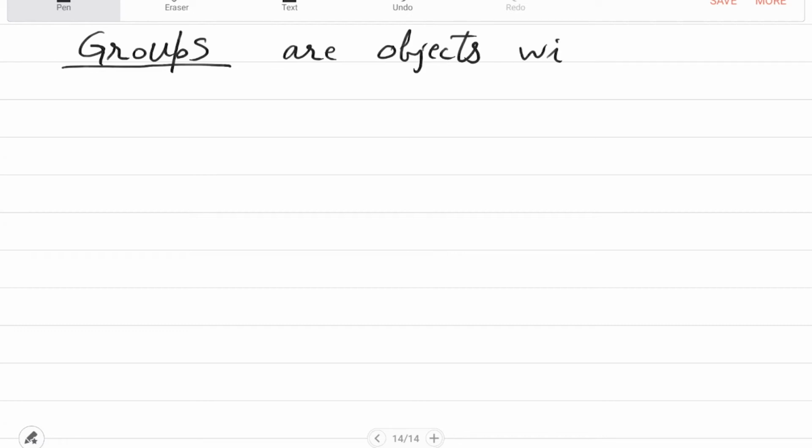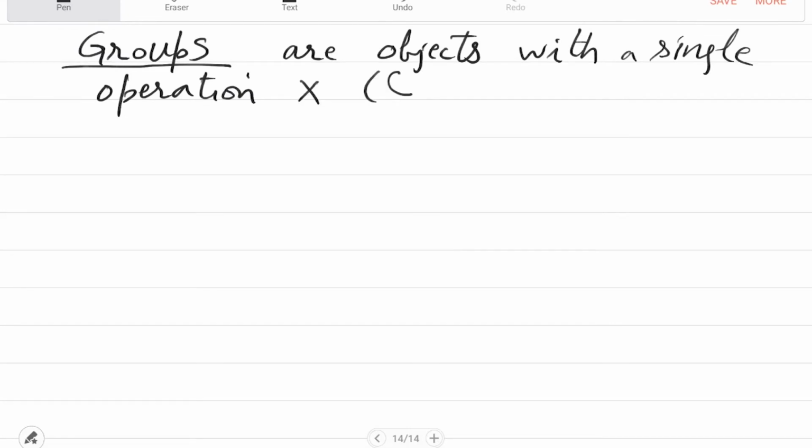There is only one operation, multiplication.